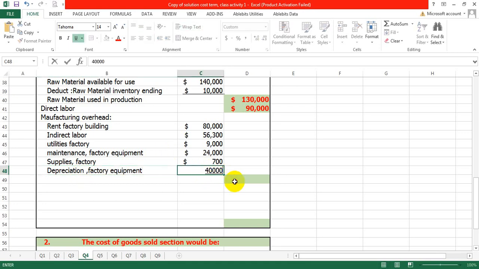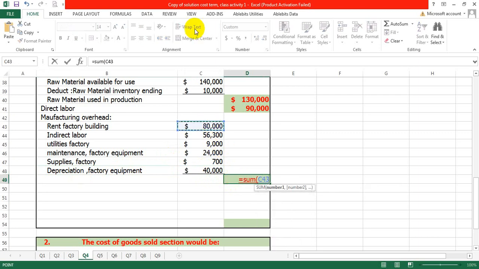Okay, we will add all these values together. How can we add? Formula of sum, give the range from here. The cell address is column C and row number 43, C43. If you want to give a range, write column C till C48, right?